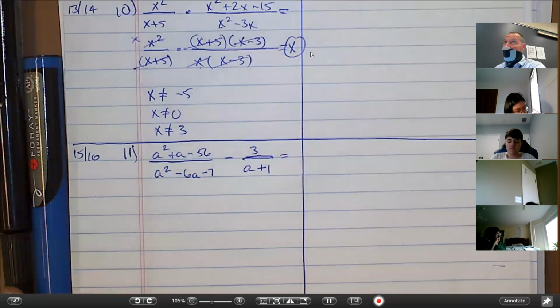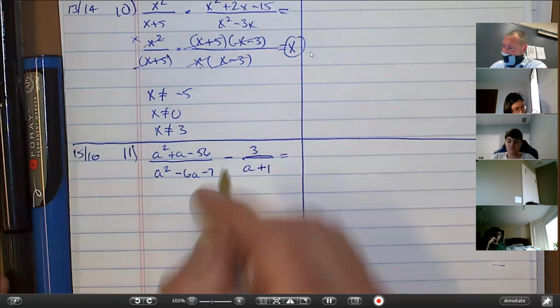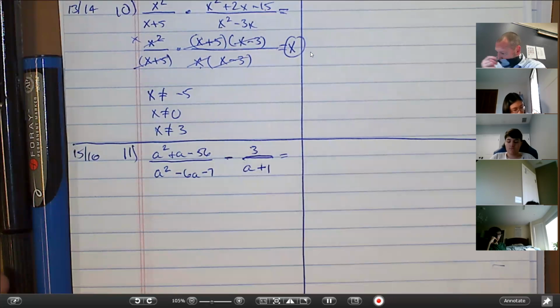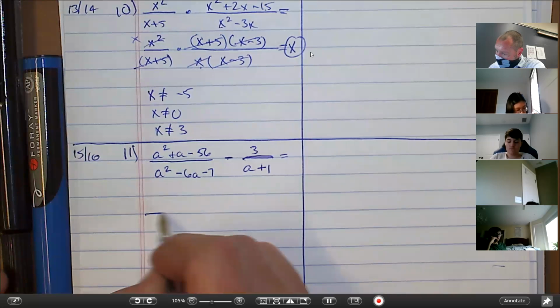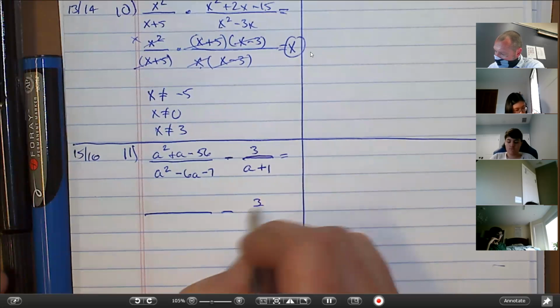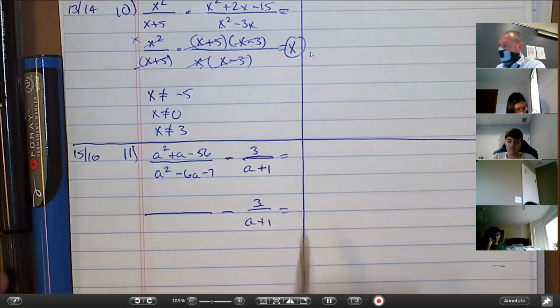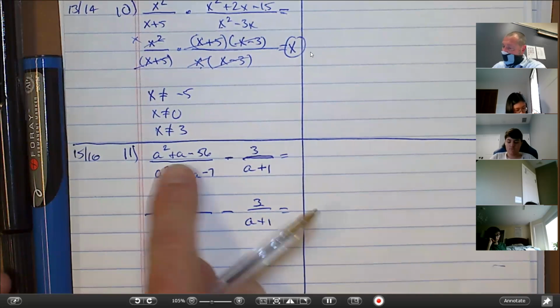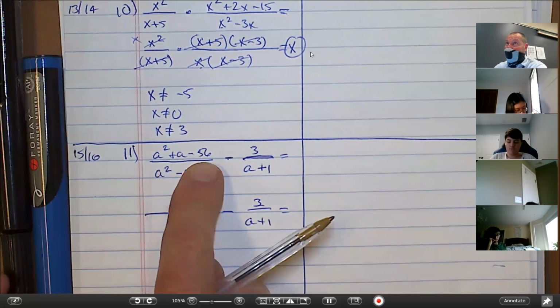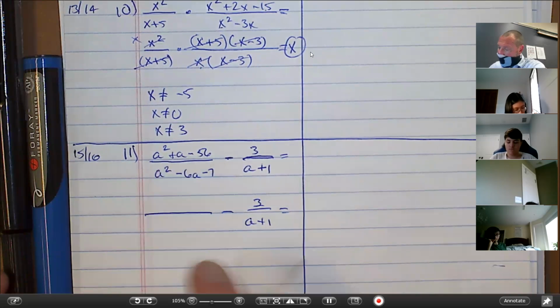Question 11, very similar. However, in this case, because it's subtraction, it's a little bit more difficult. So we're going to see if we can factor. Unfortunately, the 3 over a plus 1 won't factor, but I can factor this top and bottom here of this. So looking for two numbers that multiply together and give me negative 56, add together and give me positive 1.